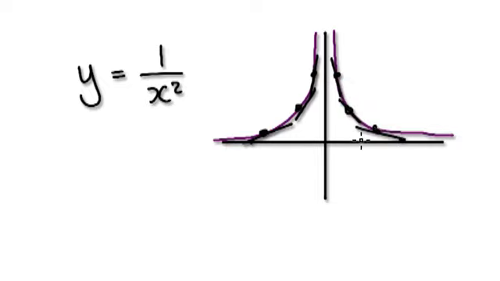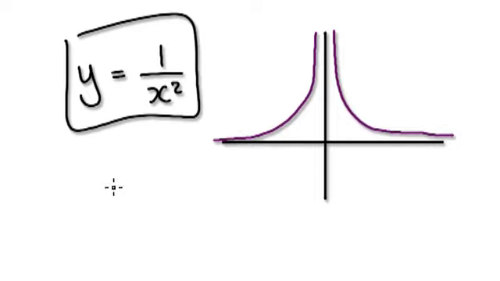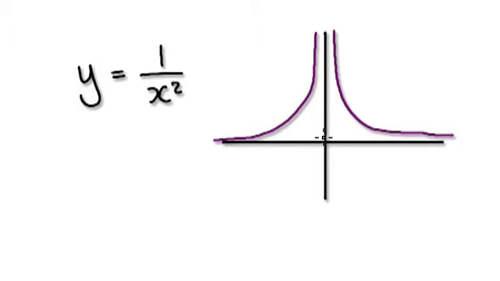When you finish working it out, your gradient graph should indicate that when x is negative, the gradient is positive, and when x is positive, the gradient is negative. So find dy by dx of this. Press pause and have a go.